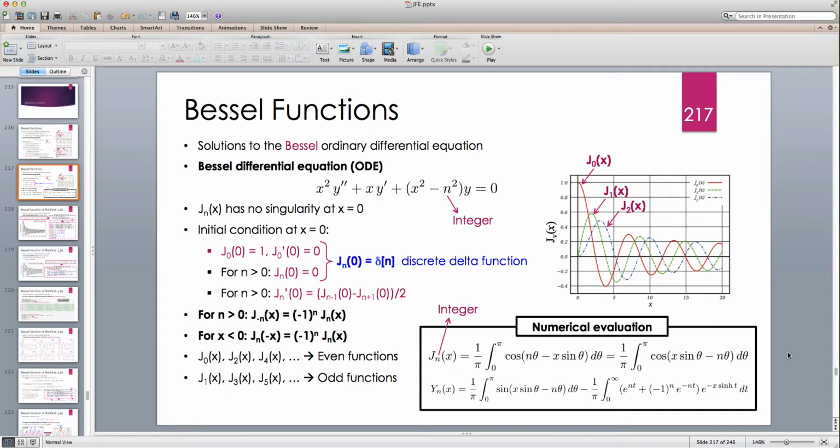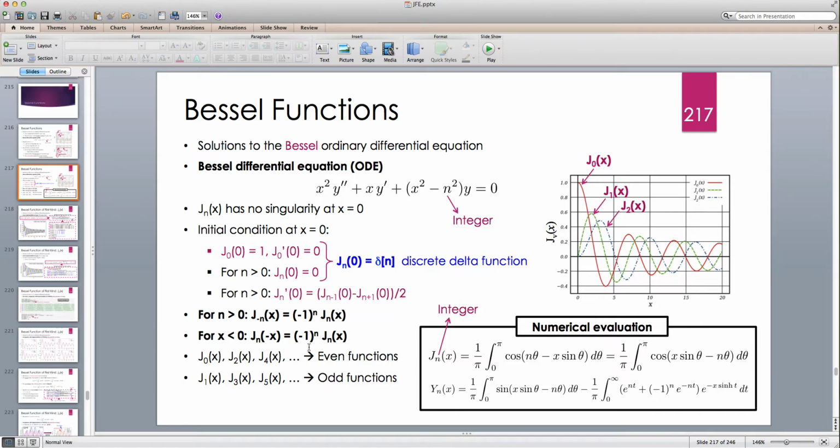Now what you can see immediately is that if x is negative, then e to the minus x sinh of t is positive, right? This minus x becomes positive, and there is a very high chance that this integral diverges. So this representation is only valid when x is positive.